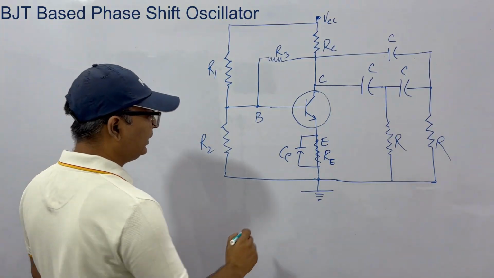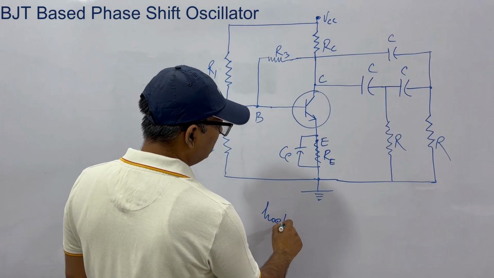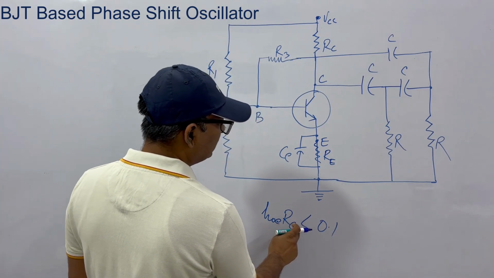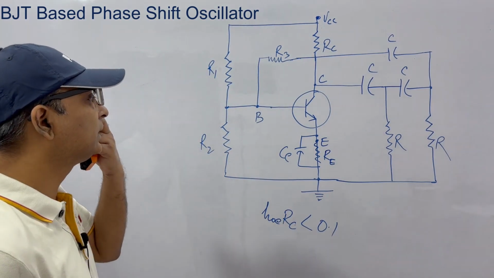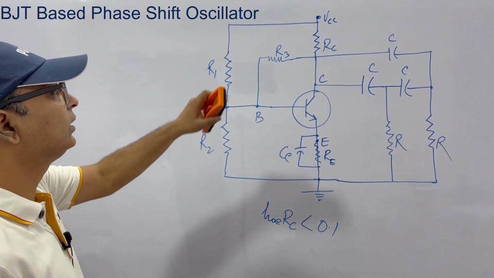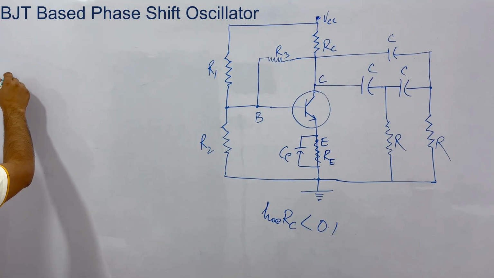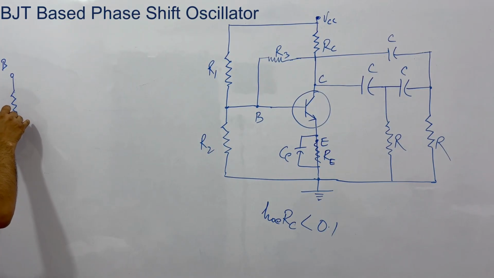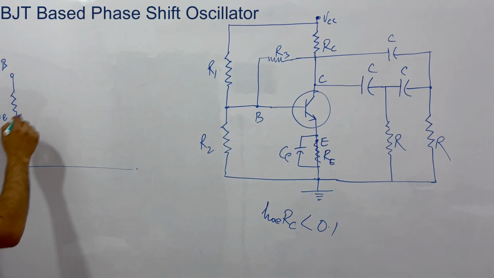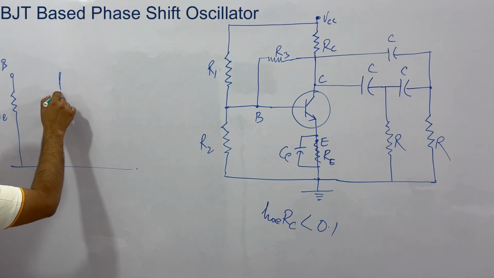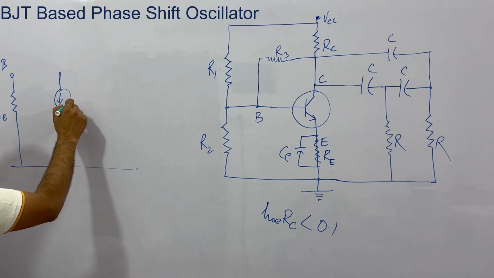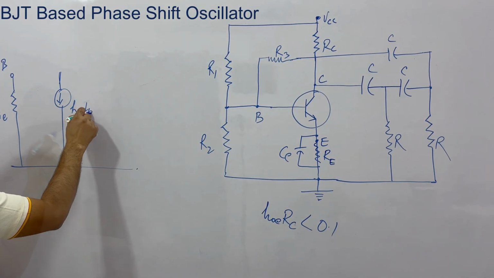Now if we take HOE into RC less than 0.1, we can use the small signal model of the BJT to analyze the circuit, and what we get is, this is the base. At the base you have HIE, and then at the collector what you get is HFE into IB.